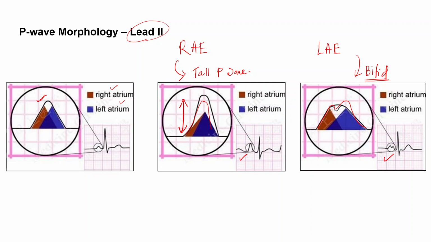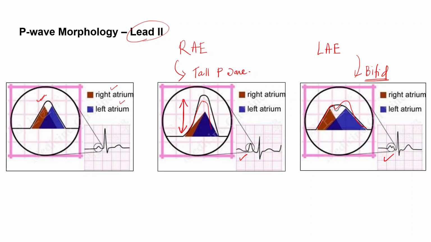But in left atrial enlargement, because the action potential starts from the right atrium, the first depolarization of the right atrium will be prominent, followed by a prominent left atrial depolarization. Everything is happening here because the action potential starts from the right atrium.